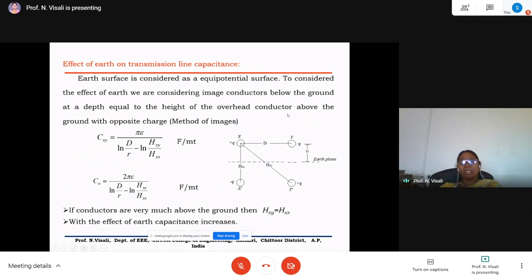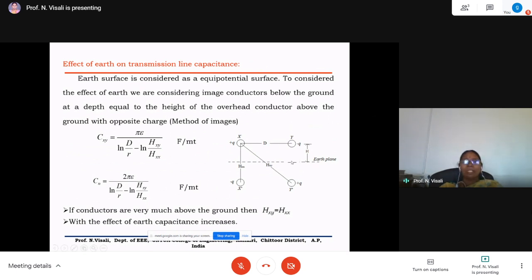If overhead conductors are above, then below the ground level, image conductors are considered at the same height, but with charge opposite to the overhead conductor.